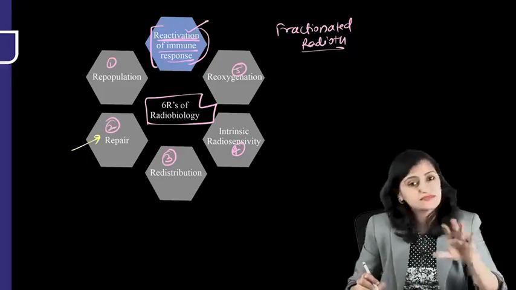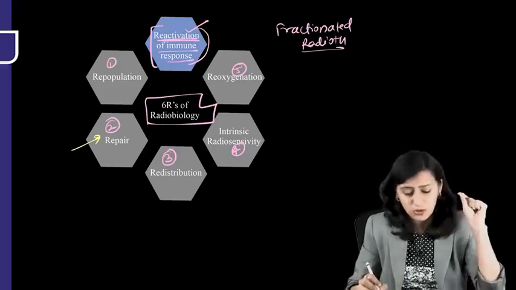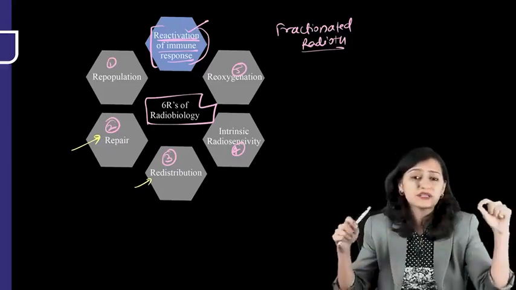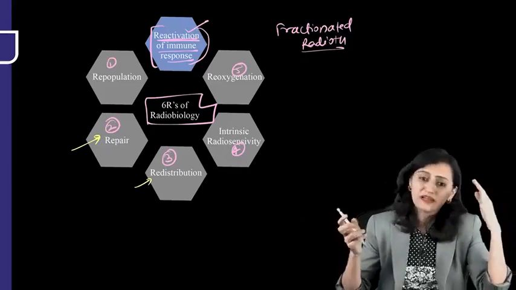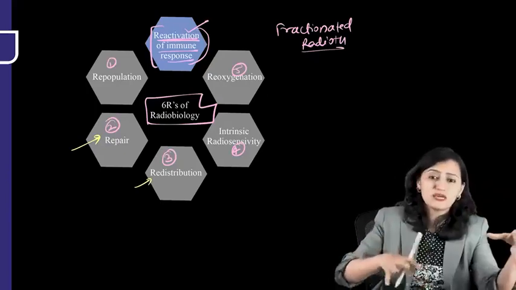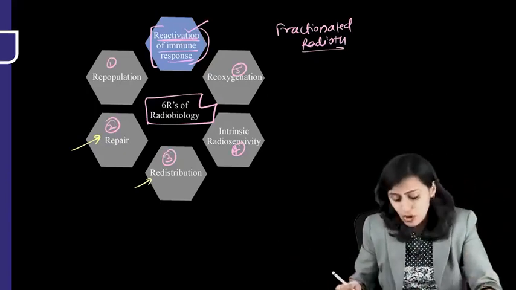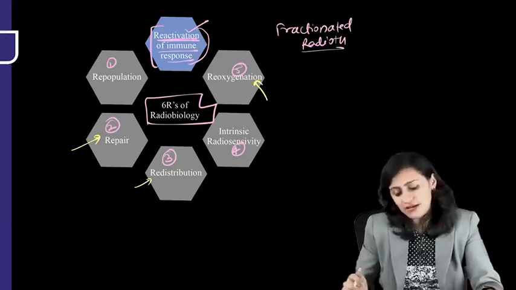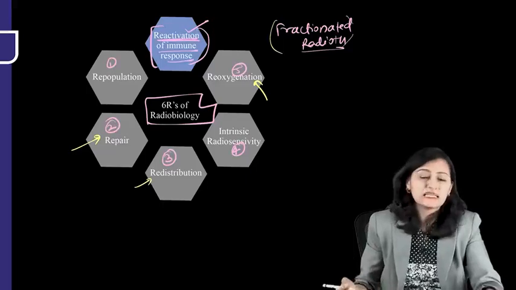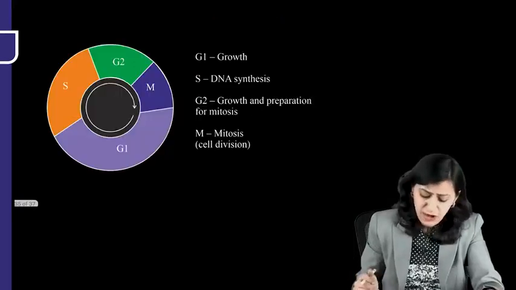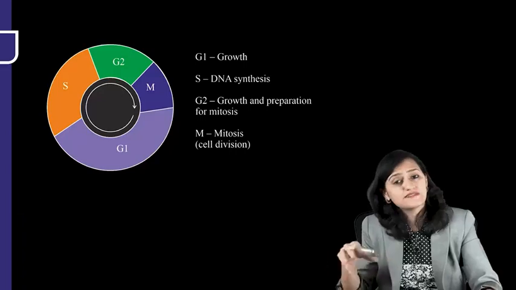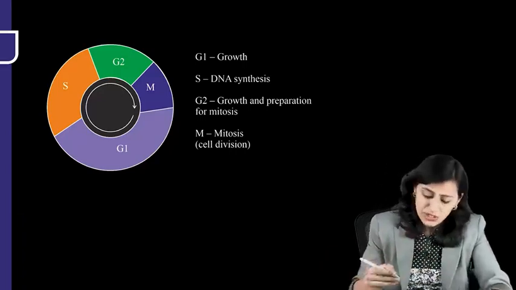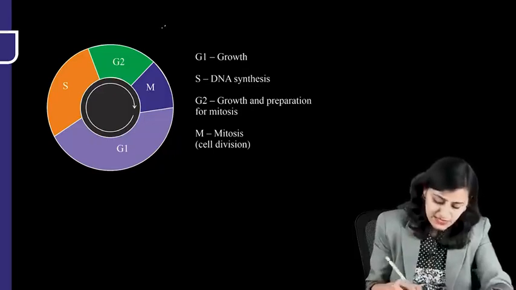So the normal cells can repair themselves because we are giving only a fraction of the dose. The cancer cells redistribute in the cell cycle phase, so that if they are resistant on day 1, they can go into the sensitive phase on the next day. Reoxygenation happens. All these are the advantages. So fractionated radiotherapy. Now, when I talk about redistribution, tell me which is the most radio-resistant and which is the most radio-sensitive cell cycle phase.